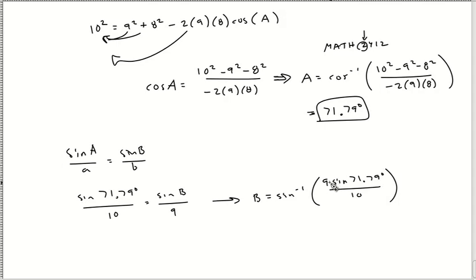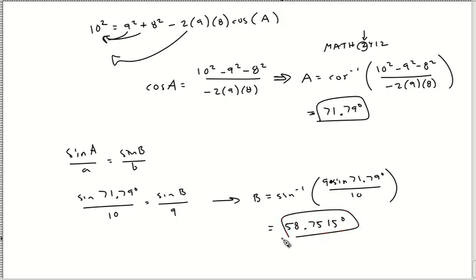Multiply. Okay, there we go. Arc sine of 9 times sine of the 71.79 divided by the 10. I probably should just look at my notes next time. Yep, there we go. 58.7515.